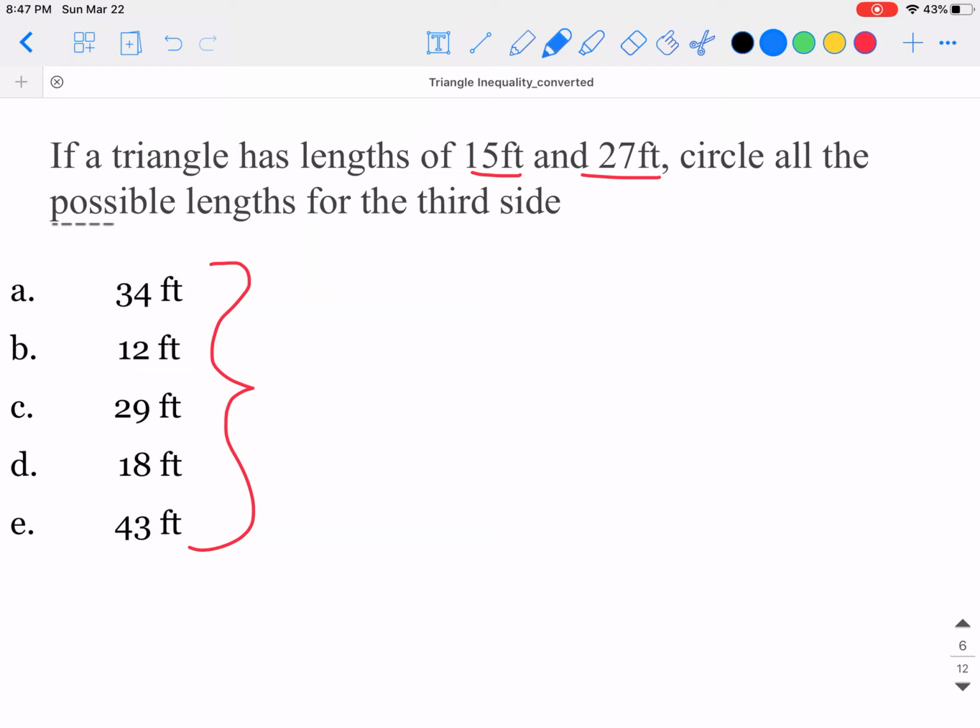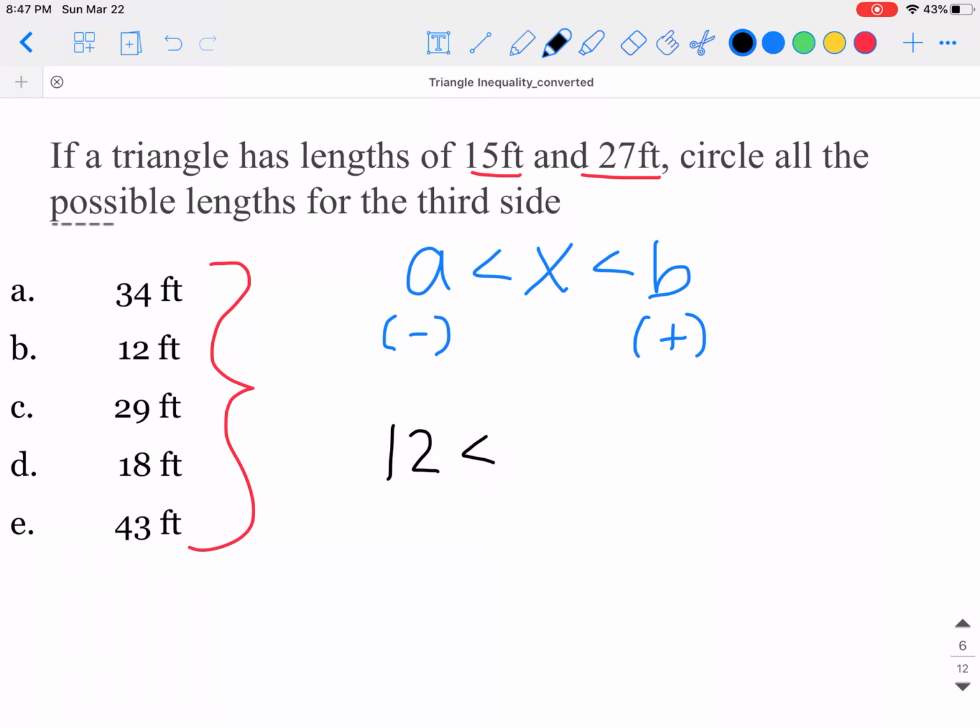So remember, we're using that inequality: A is less than X, which is less than B, where A represents the difference or subtraction, and B represents the sum or addition. So our two sides are 15 and 27, which means our A value is going to be 27 minus 15, which is 12, is less than X, which is less than 27 plus 15, so 42.